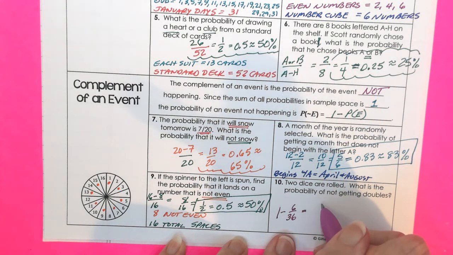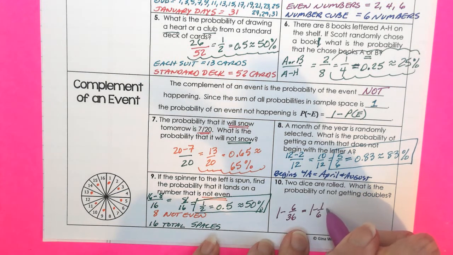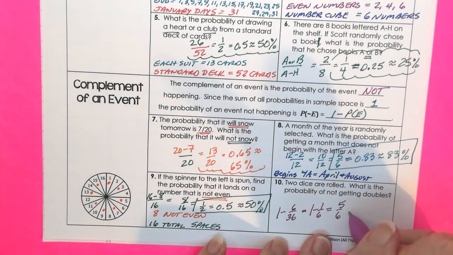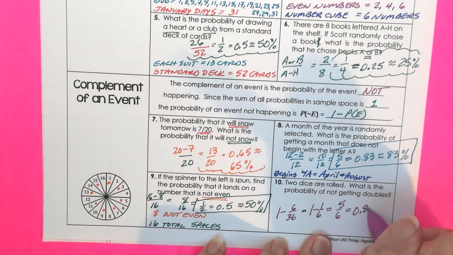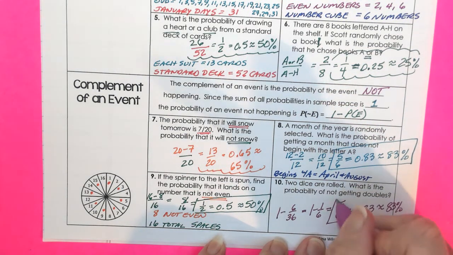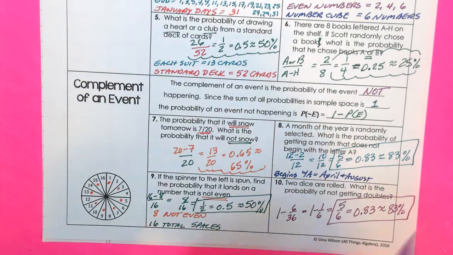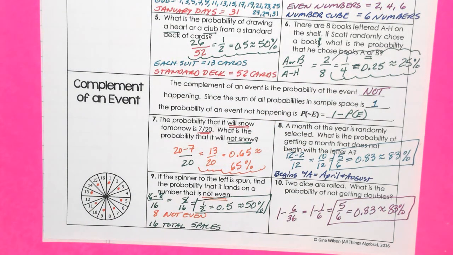So we end up with 1 minus 1/6, reduce that fraction, which means there's a 5/6 chance of not getting doubles, which is equal to 0.83, which is about an 83% chance of not getting doubles. There are some examples on theoretical probability, simple events, the probability of one event, and complement of an event.